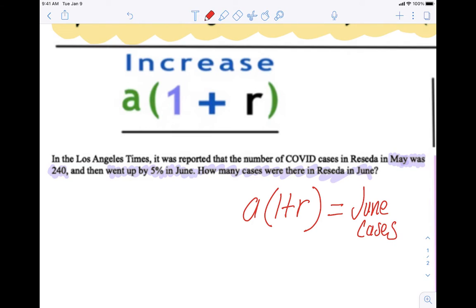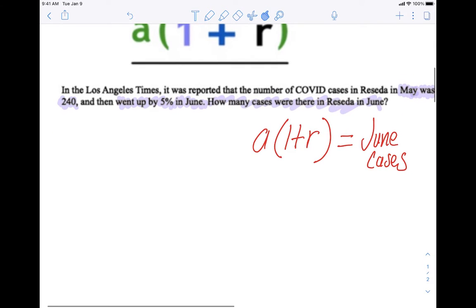As always, I need to find out what A is and what R is, so I'm going to say A equals, and R equals, just like that.